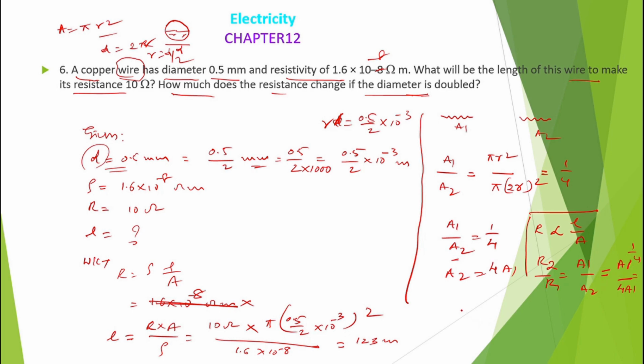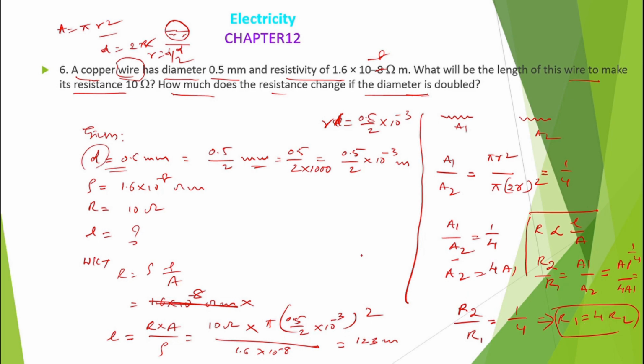So that means R2 by R1 is equal to 1 by 4, which implies just cross multiply this. So R1 is equal to 4 R2. You got the answer. Hence the resistance becomes 1/4. No, some mistake we have made.